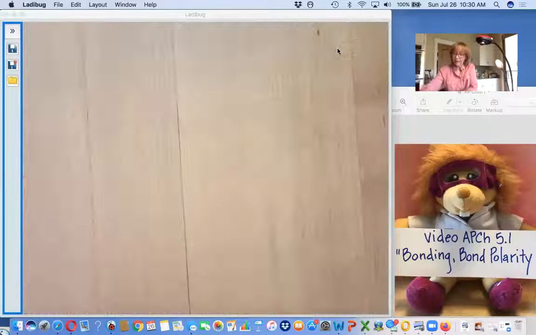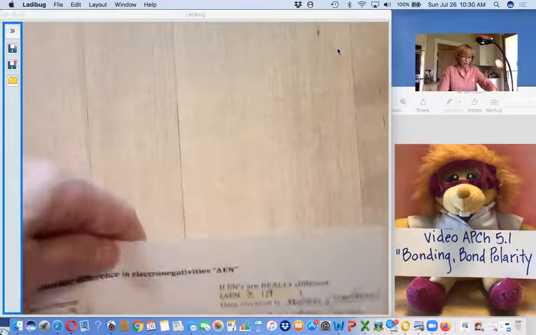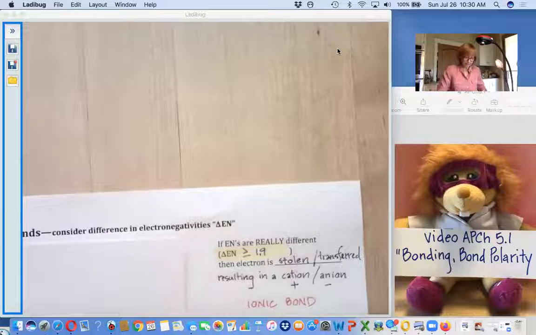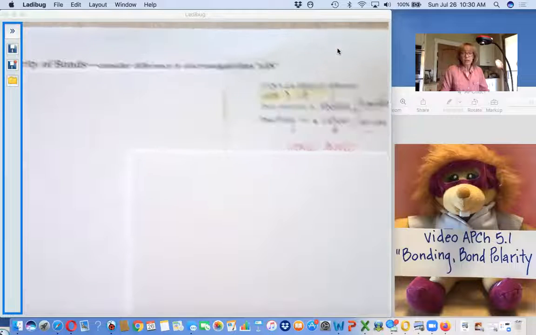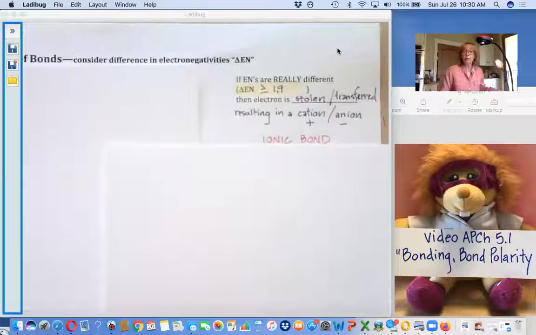All right, now lastly, let's focus on this idea of polarity of bonds. Let me make this a little bit bigger.